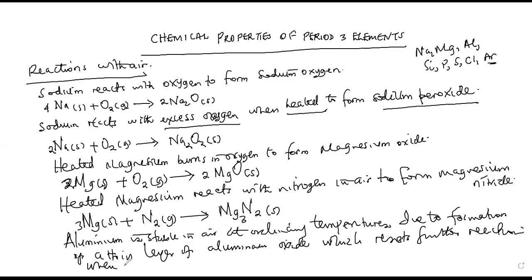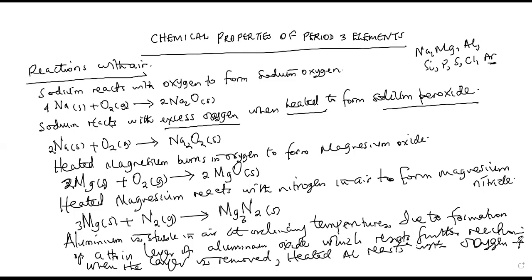So when the layer is removed, heated aluminium reacts with oxygen and nitrogen to form aluminium oxide and aluminium nitride, respectively.